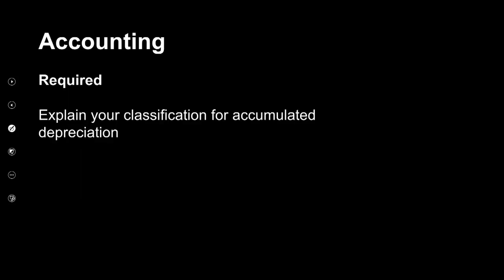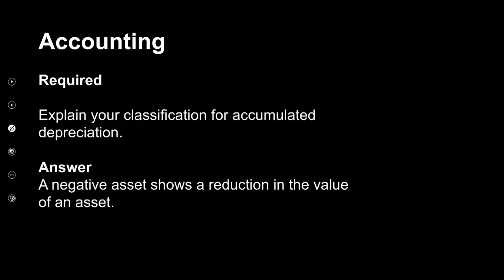Now the question says here, explain your classification for accumulated depreciation. What have we been talking about? A negative asset shows a reduction in the value of an asset. Let's do it by way of an example. Here's my cost price, 100,000.